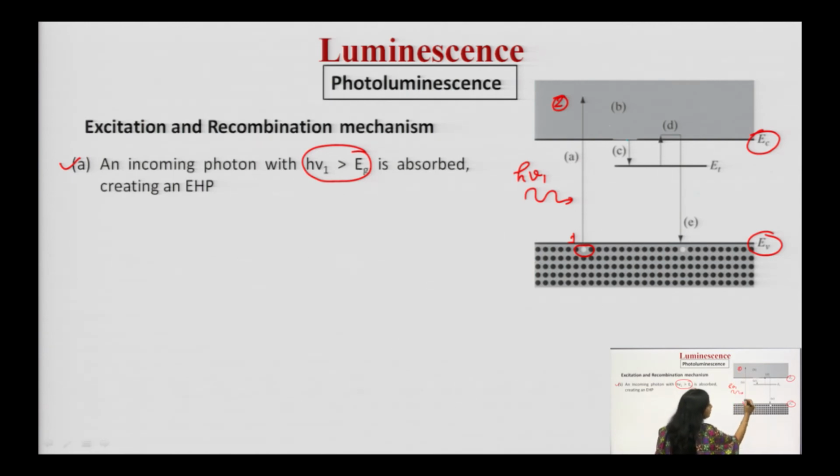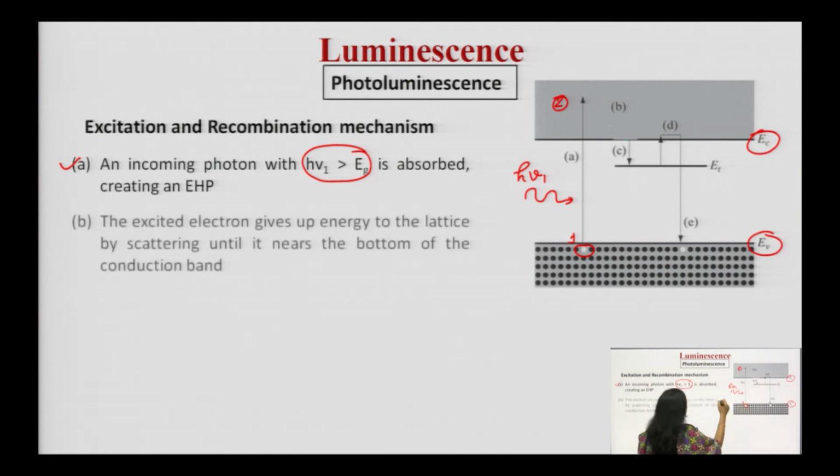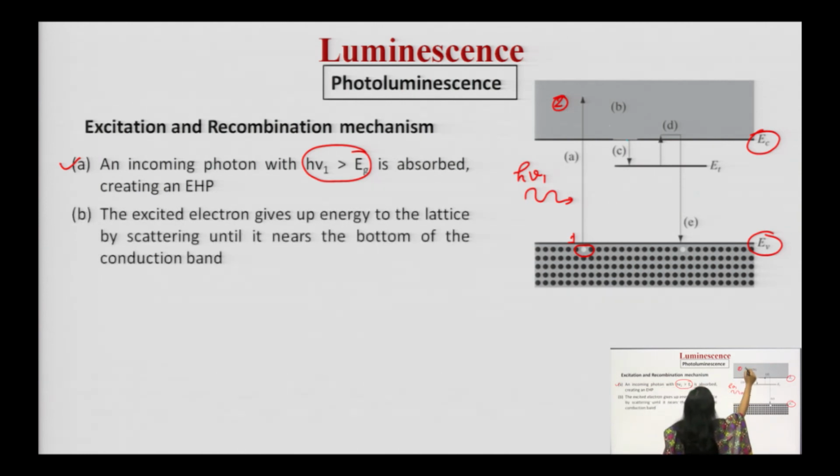When the electron moves, a vacancy is created. This vacancy is known as a hole. So, this is the generation of an electron-hole pair. Now this excited electron gives some energy to the lattice, and then it reaches point number 3.